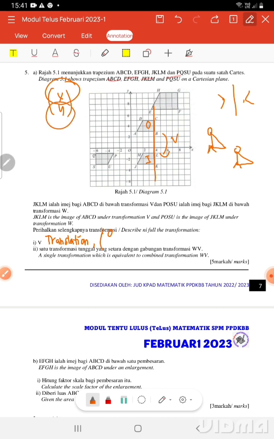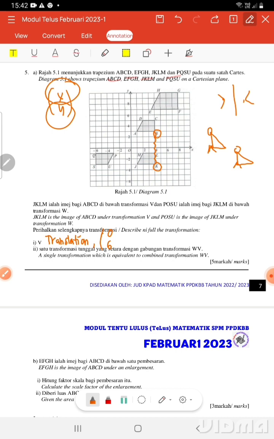So from B, for this one, make sure you do the calculation correctly. B will go to K. So just take 1 point and calculate the number of boxes. From B, 1, 2, 3, 4, 5, 6. So 6, and this 6 goes downward.